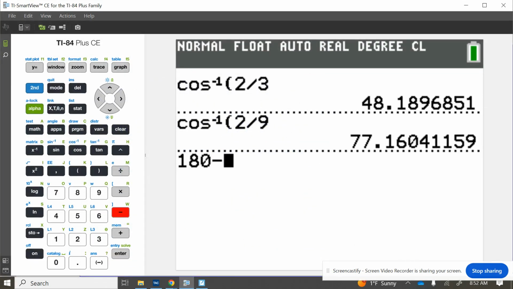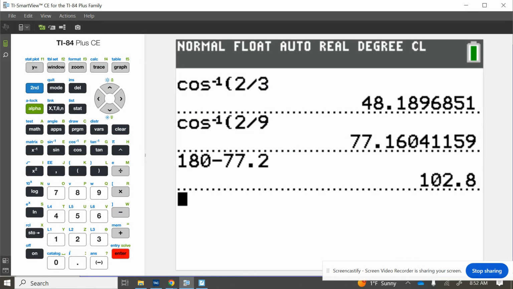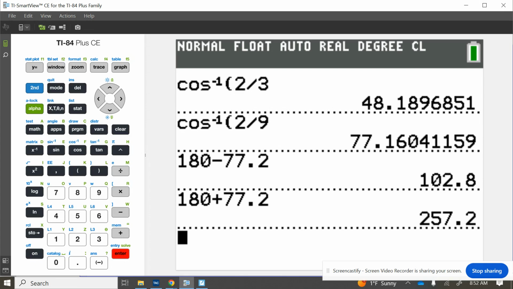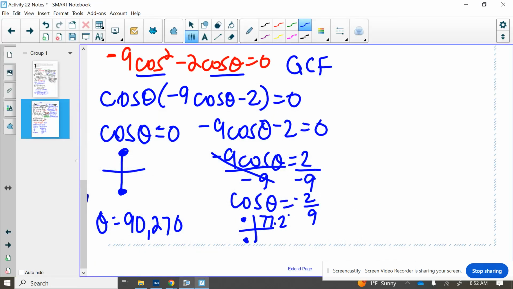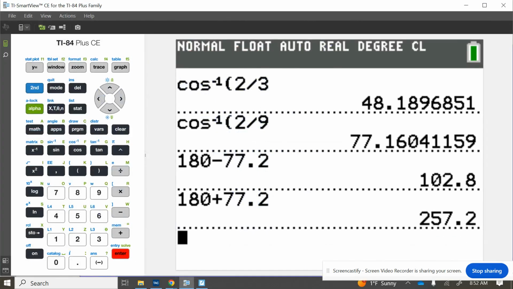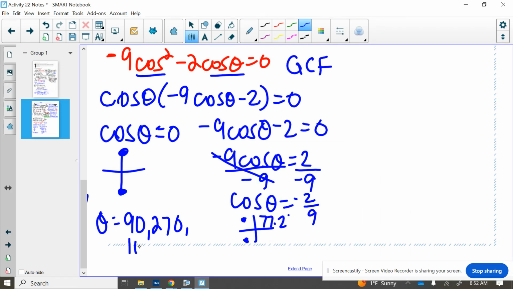So we're going to take 180 minus 77.2, and then 180 plus 77.2 to get our final two answers of 102.8, as well as our quadrant 3 value, which was 257.2.